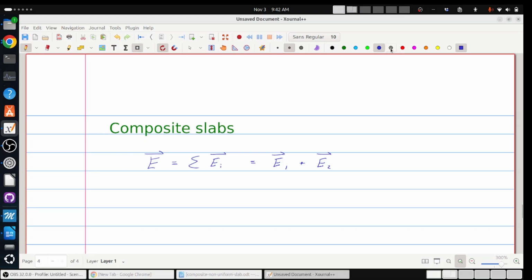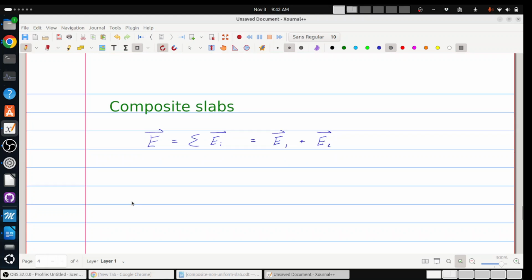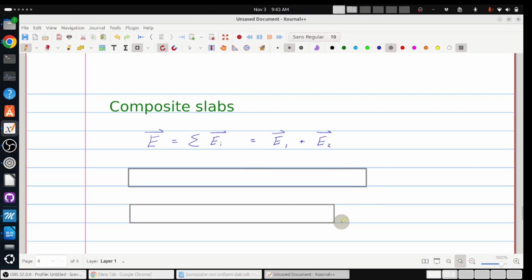So I'm going to start by talking about two slabs of charge that are separated by some distance. And I'm going to make this one E1 and this one E2, or should I say slab 1 and slab 2.